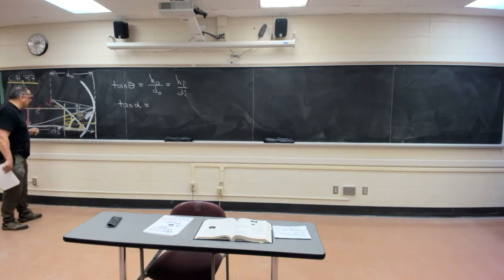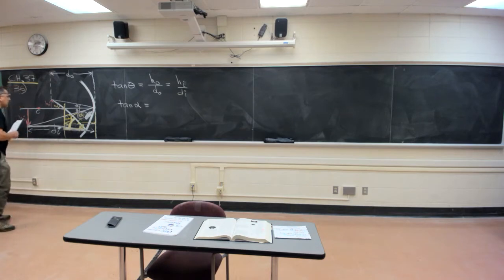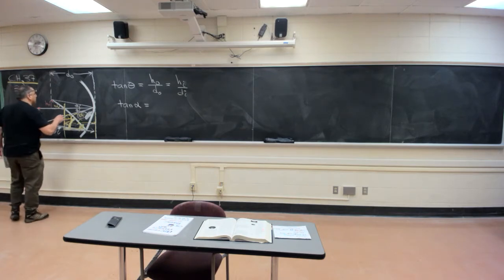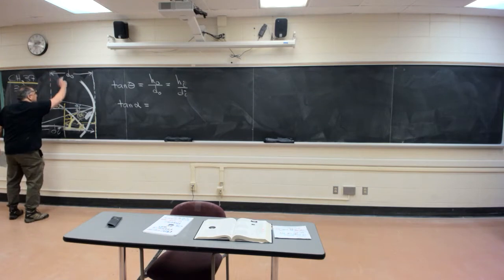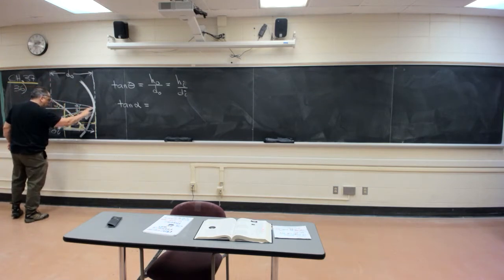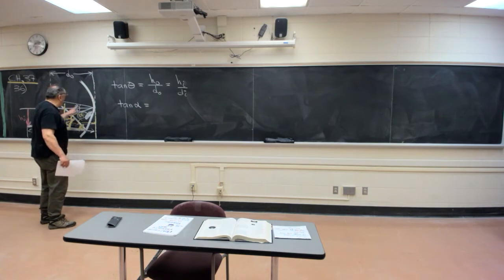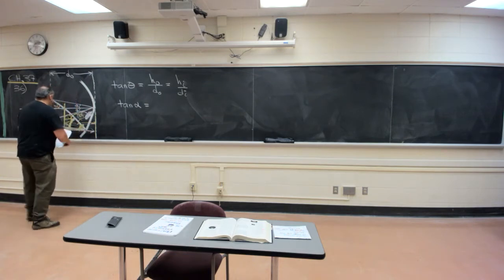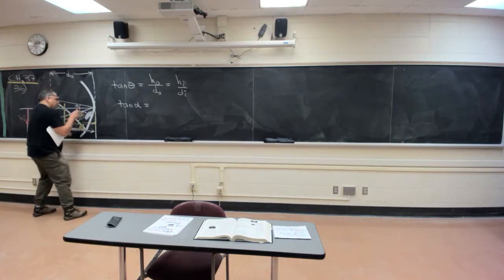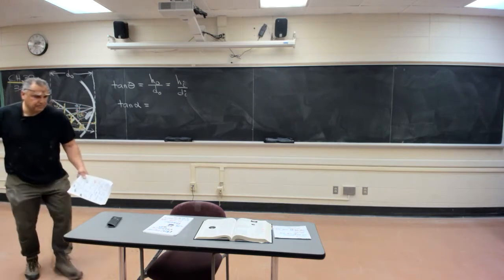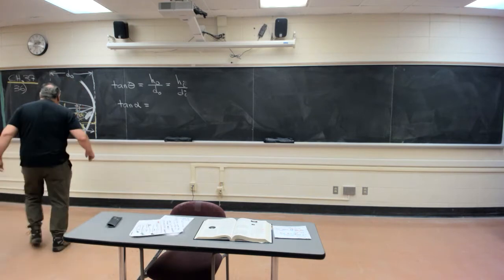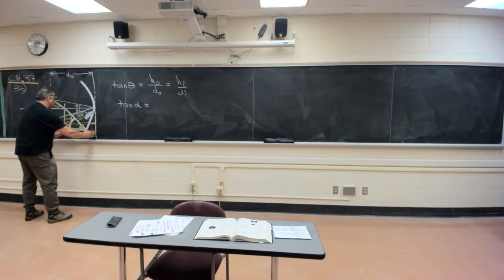Well, that's interesting in its own right. The whole object distance is D0, and to go from here all the way to here is the same as from here to here. That's F. So this is F right here.